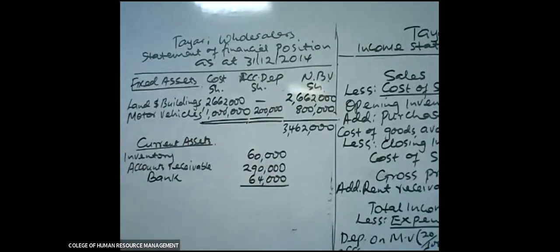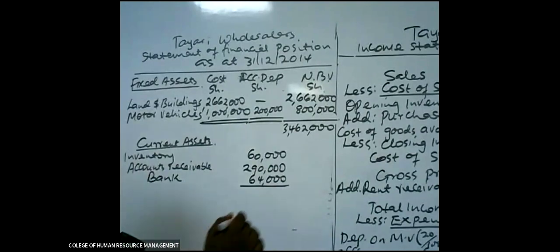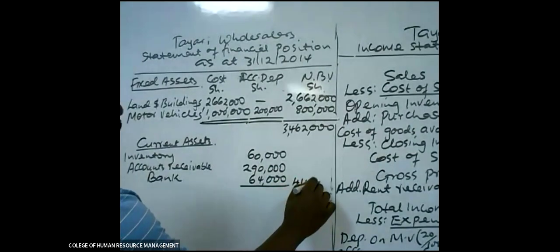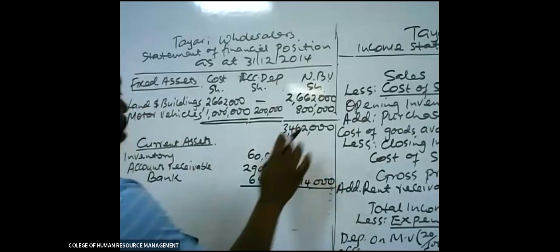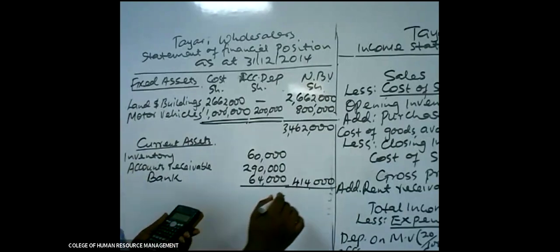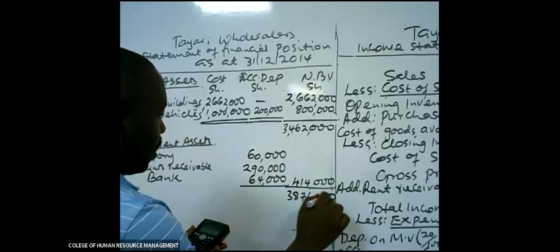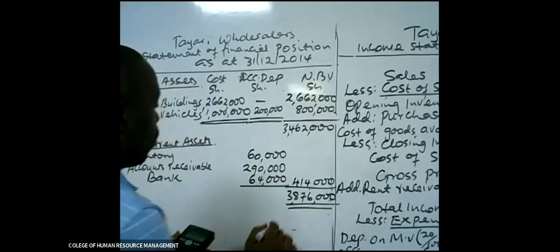If you total that, you get 414,000. Added to the net book value, that gives us total assets of 3,876,000.